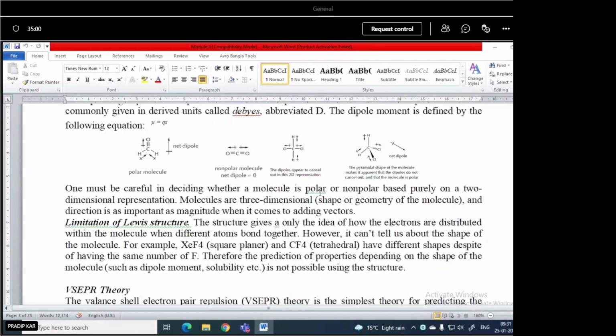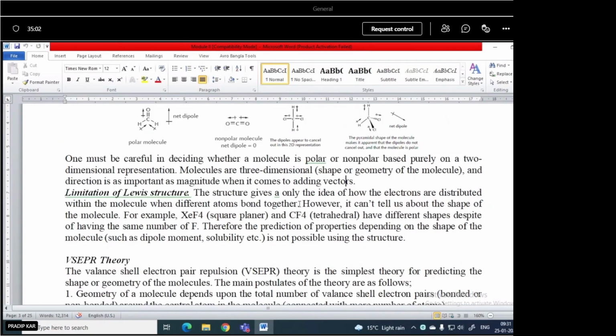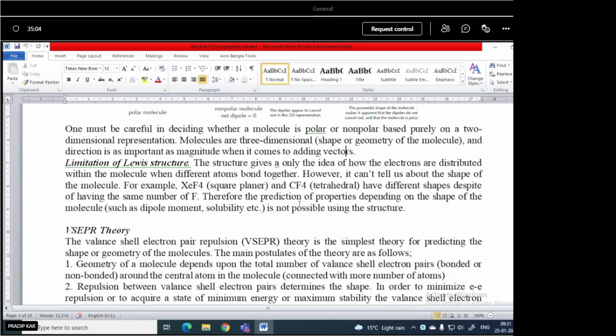Okay, no problem. So some of the properties like dipole moment and solubility, which depend on the geometry, are not clearly explained from the Lewis structure. That is why we are going to the next concept in order to explain the geometry.